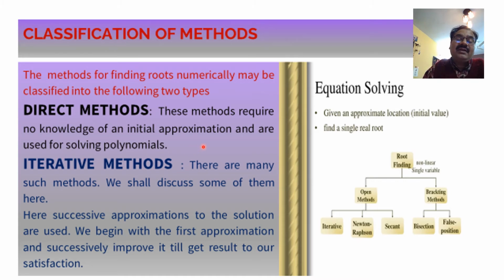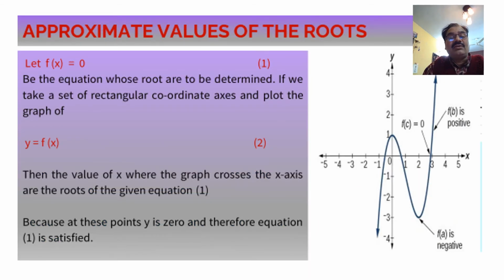Second is the iterative method. There are many such methods, and we shall discuss some of them here. Here successive approximations to the solution are used, and we begin with a first approximation and successively improve it till we get a result to our satisfaction. That is the purpose of the iterative method.